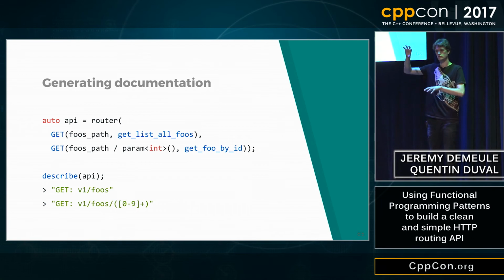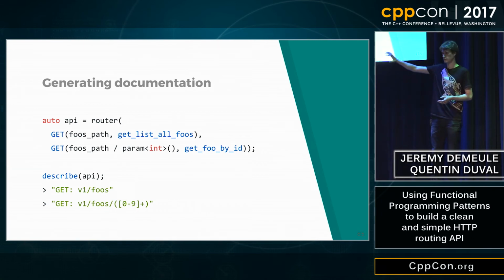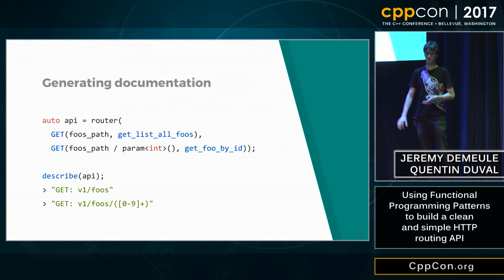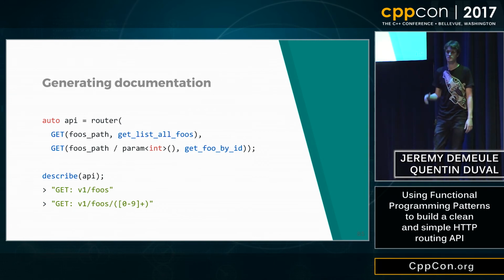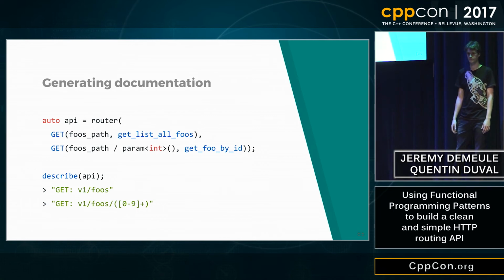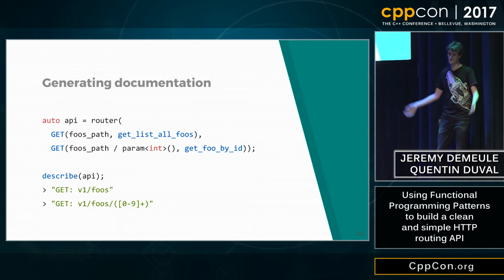But it allows us to, for instance, declare a router specialized for the bars, another one for the foos, and bring them together as a router for the whole HTTP server. But basically, it's more meant for small services. But yes, the type is a router_t, templated on the path, templated on, you get it.